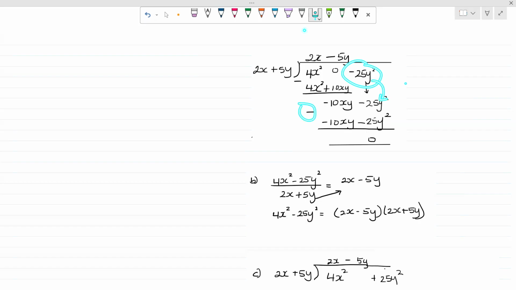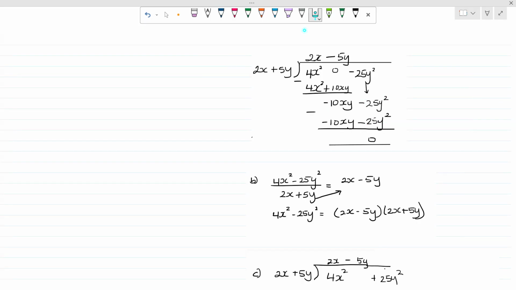This is another part students tend to make a little mistake with. You want to remember your signs. The minus 10xy minus 10xy here again, that's going to give us a positive here, and that's how we're going to end up with 0. Same thing going to happen here. Minus 25y squared minus 25y squared. The minus and the minus here is giving us a plus, and that's how we end up with 0.